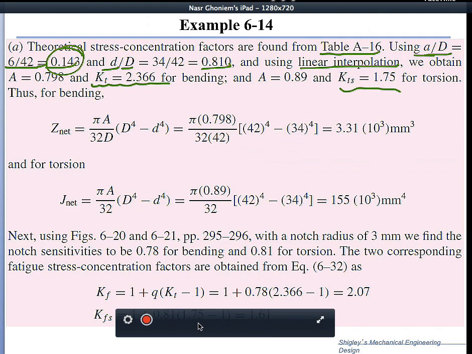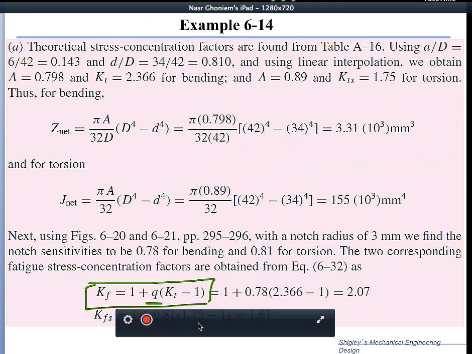Next, I need to translate these stress concentration factors to fatigue stress concentration factors. So I must find the notch sensitivity coefficient q. As we learned before, Kf is equal to 1 plus q times Kt minus 1. We have Kt, but we don't have q.